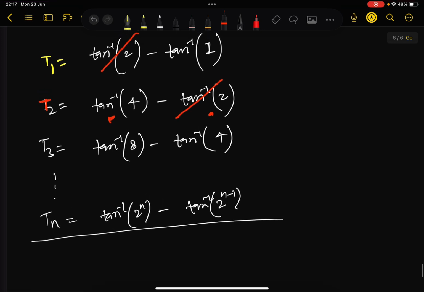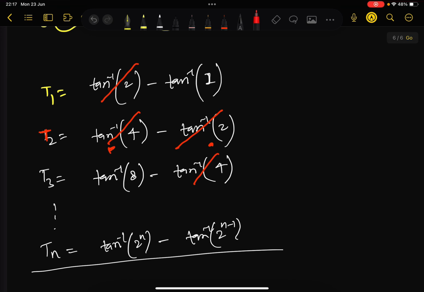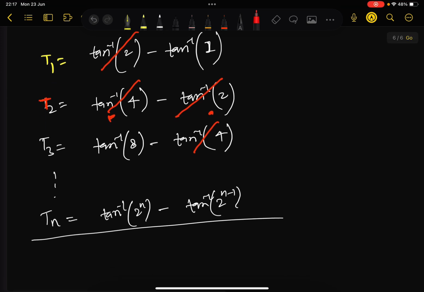So again this first and this second will get cancelled out. So like this you can see this term is remaining here. So similarly this term will get cancelled out by this term, right? So this term will get cancelled out by this term.